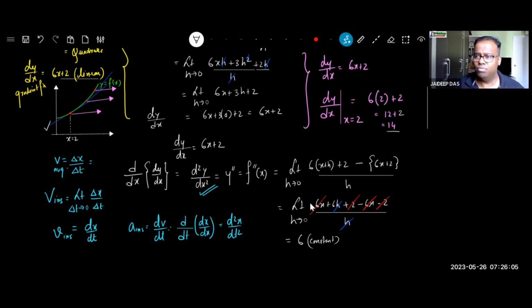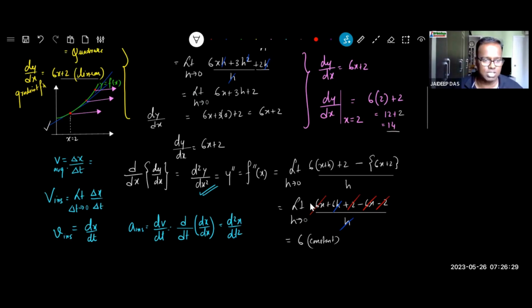Once again, look at that equation, it's 6x plus 2. If you compare it with y equal to mx plus c, you would say that the slope is 6. No, the slope is 6 for that blue line. In y equal to mx plus c, m is the slope. So what is your slope function? 6x plus 2. Then you will say, sir, how did you get 14?